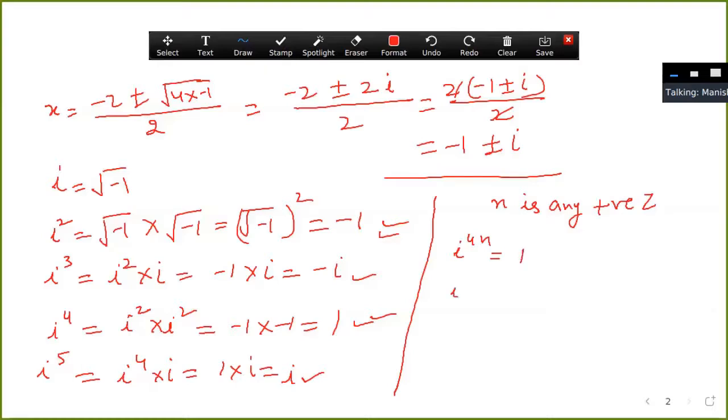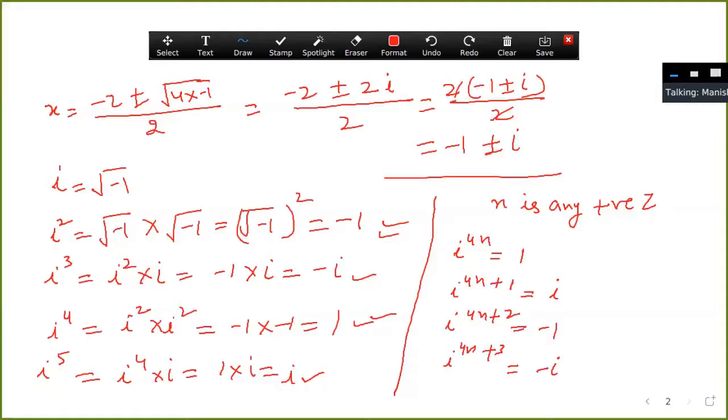If iota to the power 4n plus 1, then you will always get iota. If iota to the power 4n plus 2, then you get minus 1. And if iota to the power 4n plus 3, then you will get minus iota.